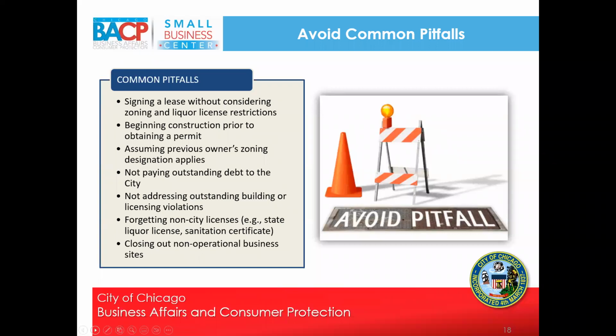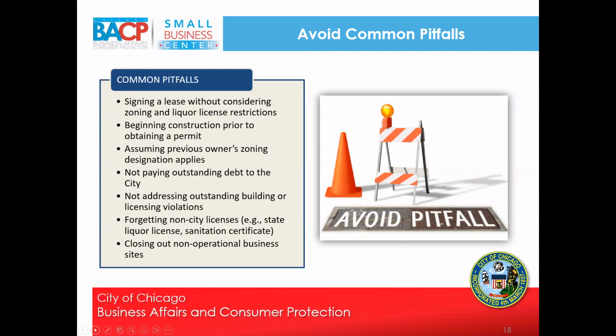So how to avoid common pitfalls? As I mentioned before, and I'm stressing again: signing a lease without considering zoning and any liquor license restrictions, beginning construction prior to obtaining a permit at the location, assuming that the previous owner's zoning designation will still apply to you, not paying any outstanding debt to the city, not addressing any outstanding building or license violations, and forgetting non-city licenses, whether it's the state liquor license or the sanitation certificate with the health department.